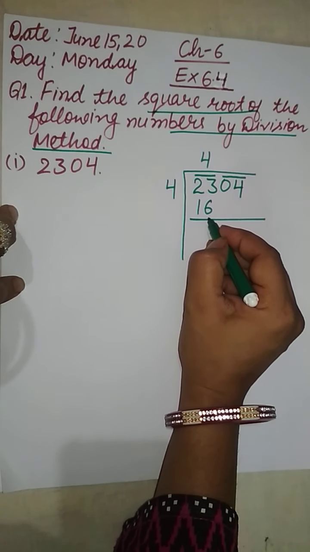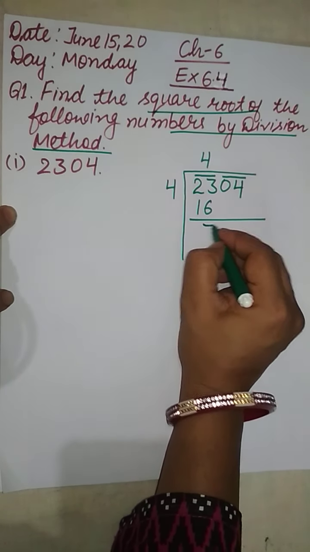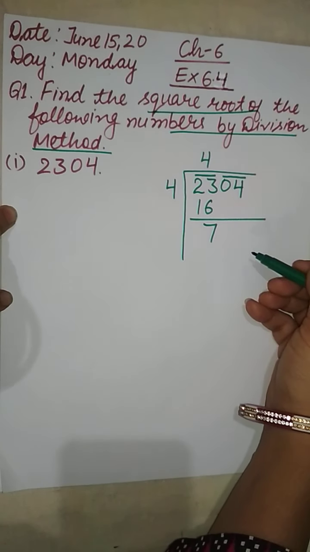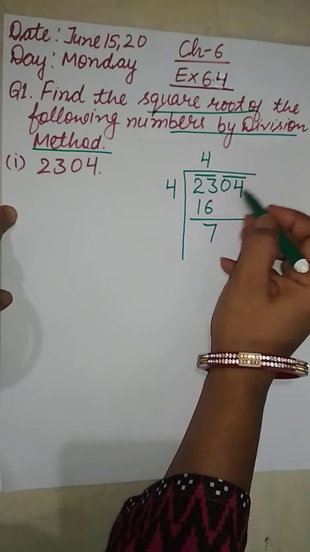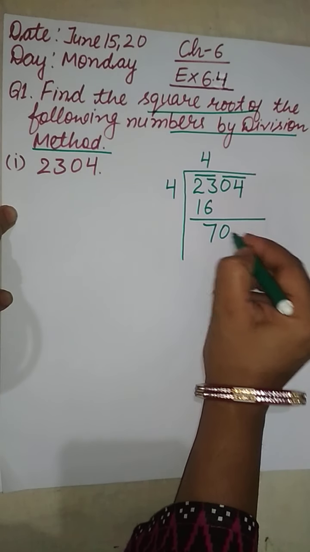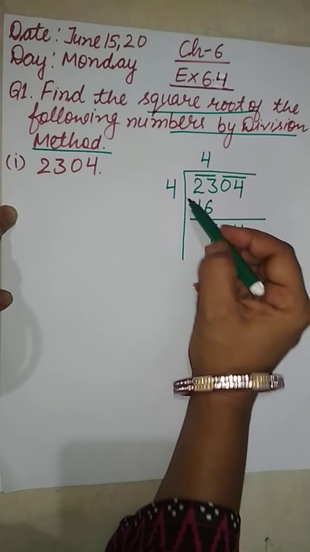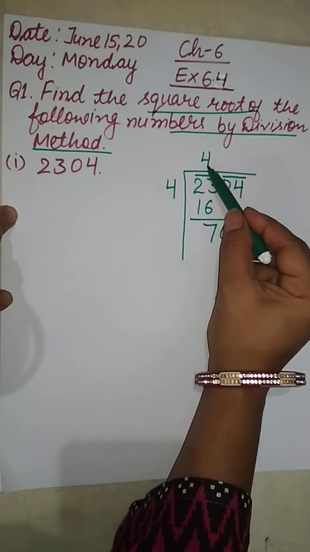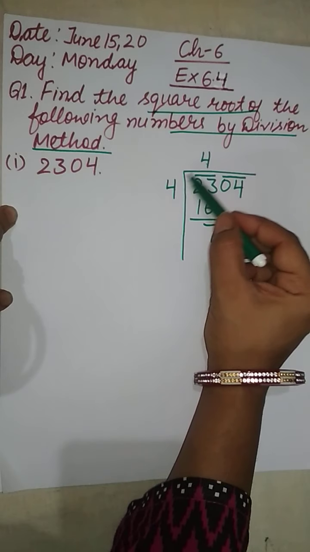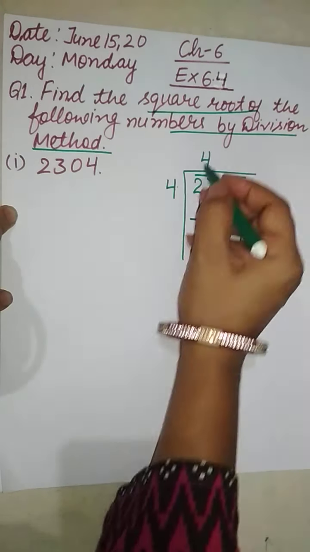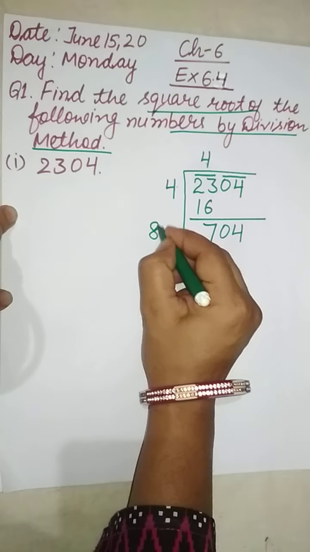Now 23 minus 16 is 7. As in division we carry a single digit, but in this method we will take the pairs. Now it is 704. In the next step, either we will double this number or we can add these two numbers. It is the same thing: 4 plus 4 is 8, or 4 twos are 8.